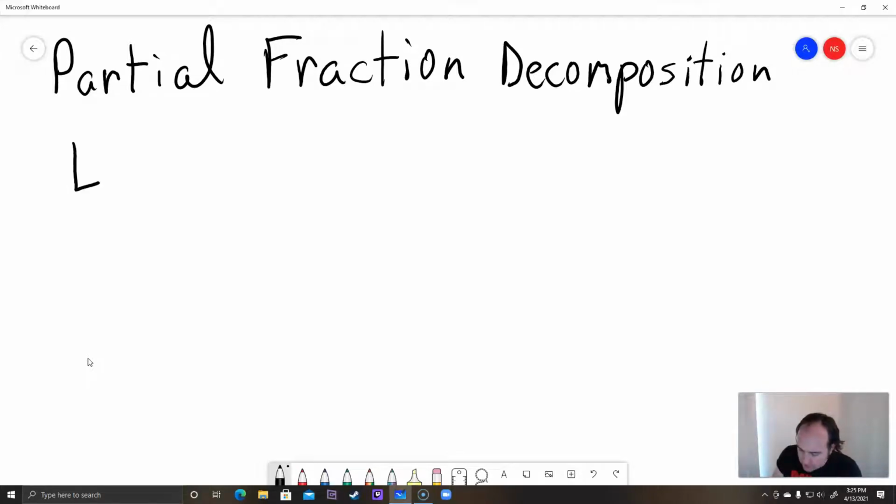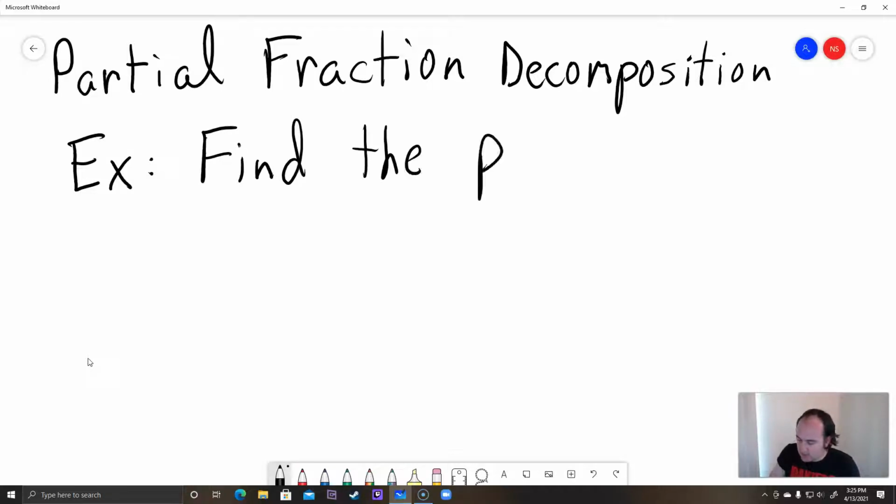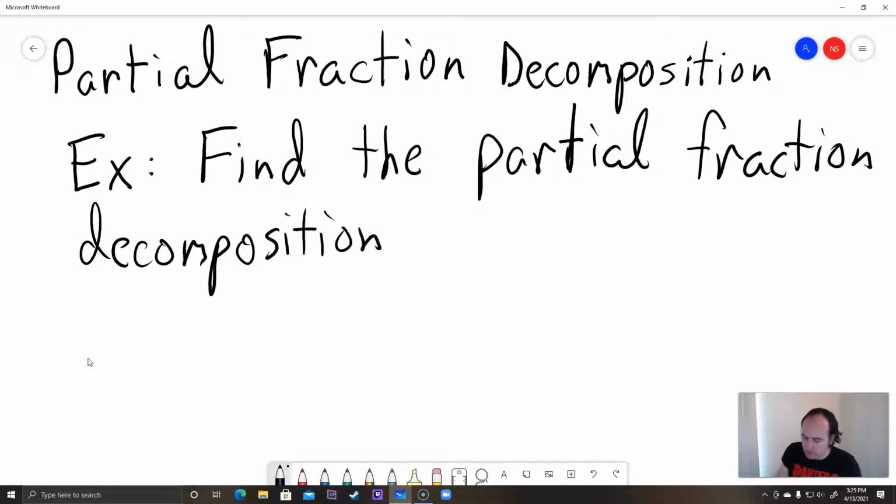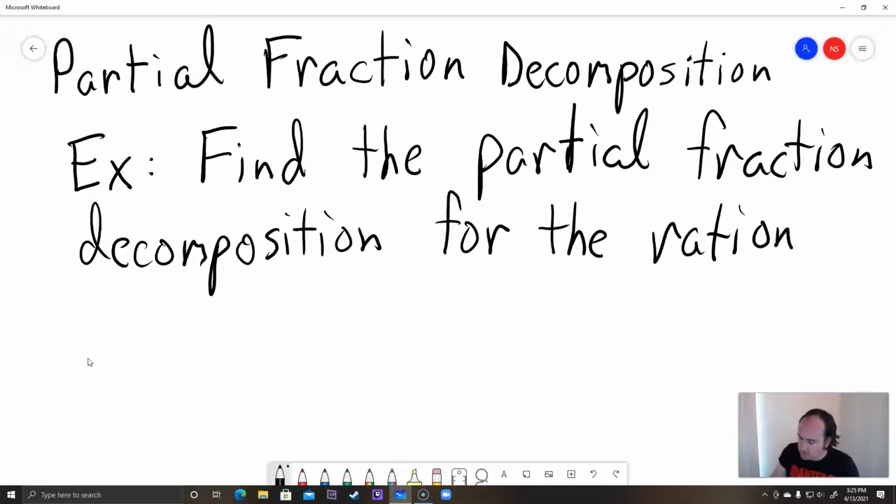Okay, so example. The instructions on the first part of your homework are going to say, find the partial fraction decomposition of each rational expression.